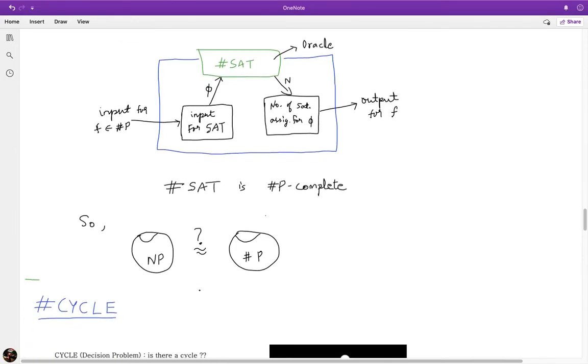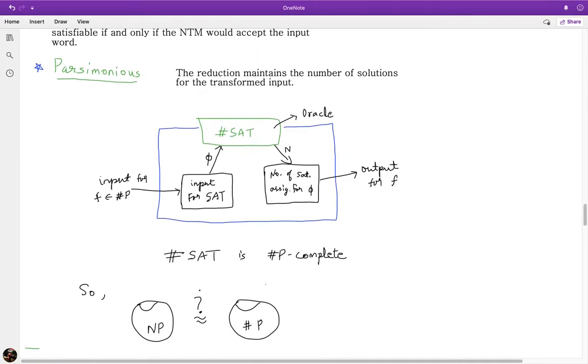So we use this fact to prove now that HashSat is HashP complete. So let's consider a HashSat oracle, meaning an abstract machine which will compute the HashSat problem and give us the output.